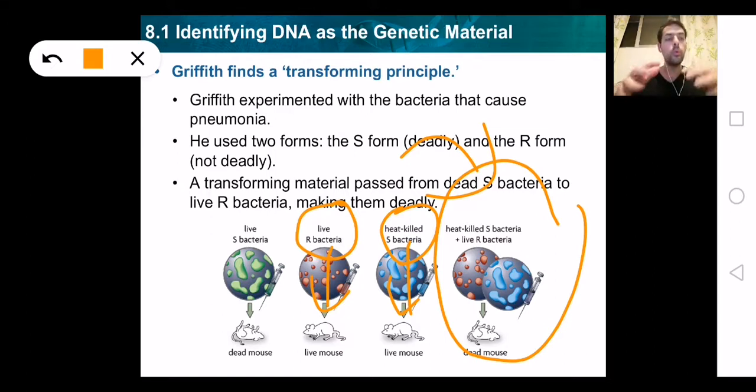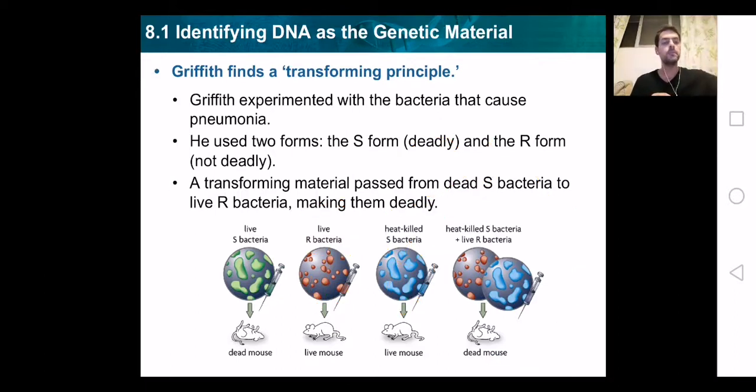Now, we all know that this transforming principle was DNA. Some DNA of the heat-killed S bacteria went to the R bacteria and changed it to have a shell. And then it becomes stronger and able to kill the mouse.